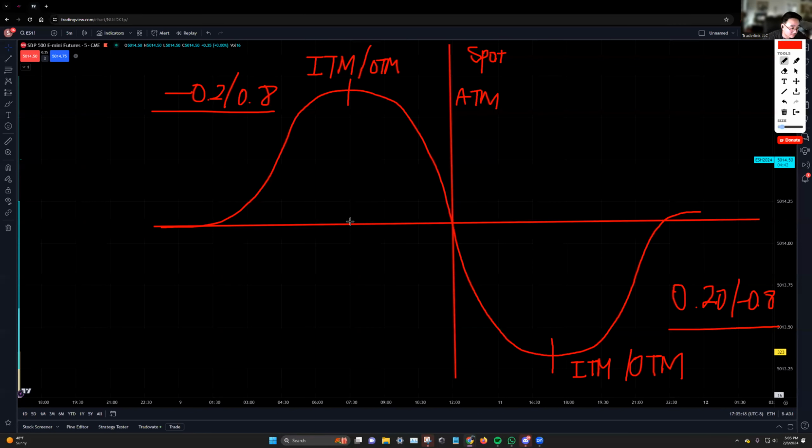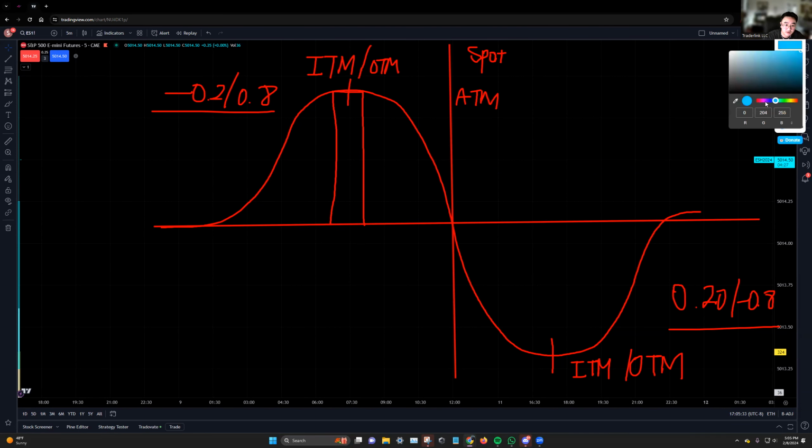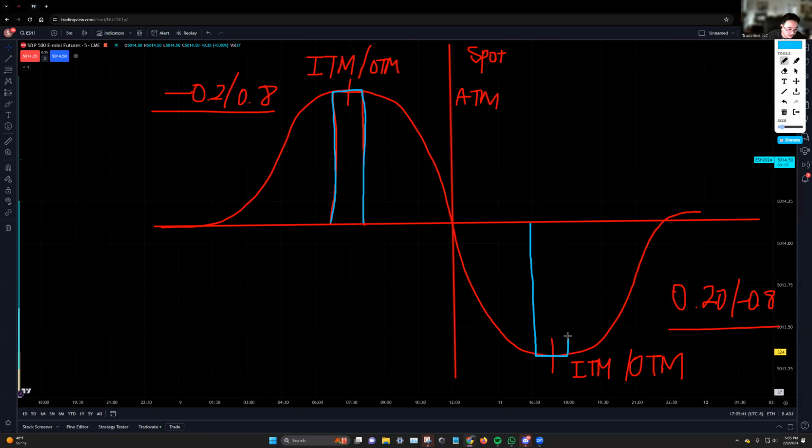The next step is what do we pay closest attention to? For me, I look for Vanna strikes with very big exposure. I want to see exposures at the highest point of impact when they look like this, at the peak, essentially. And it can be vice versa.